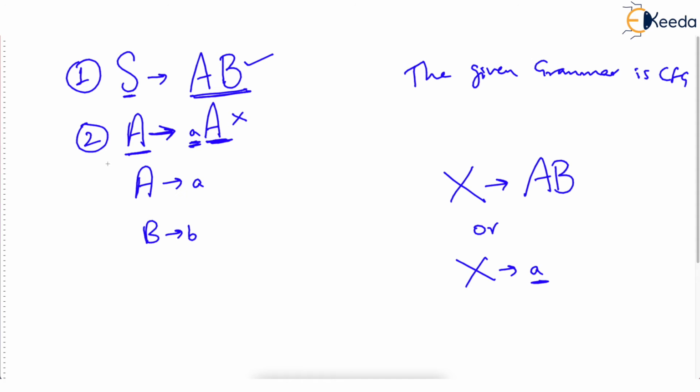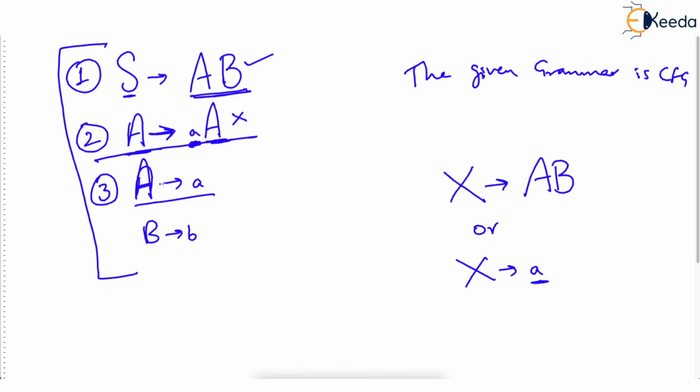So one of the productions of this grammar is not following the Chomsky normal form rule, but the third production is following the rule. Non-terminal A is deriving a terminal. Fourth is also following the rule. Non-terminal B is deriving a terminal. But one of the productions is not following the rule.